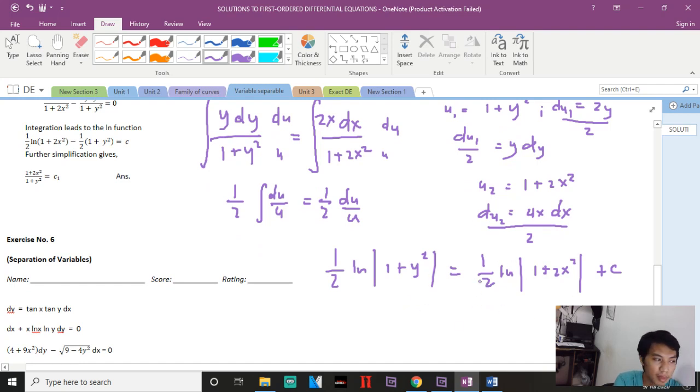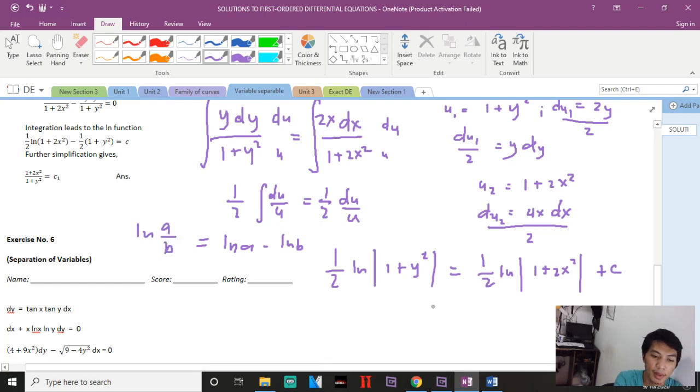Now, further simplifying, pwede natin ganito. Since dalawa lang naman yung ln na yan, we can cancel out yung 1 half. Yes? So, kunin na natin to. Anong gagamitin natin? Yung y ba nasa taas, nasa baba? Dito ko na lang. So, if negative siya, mama-minus mo, by logarithmic rule, kapag ln a minus ln b, ang kalalabasan niya is ln a over b.